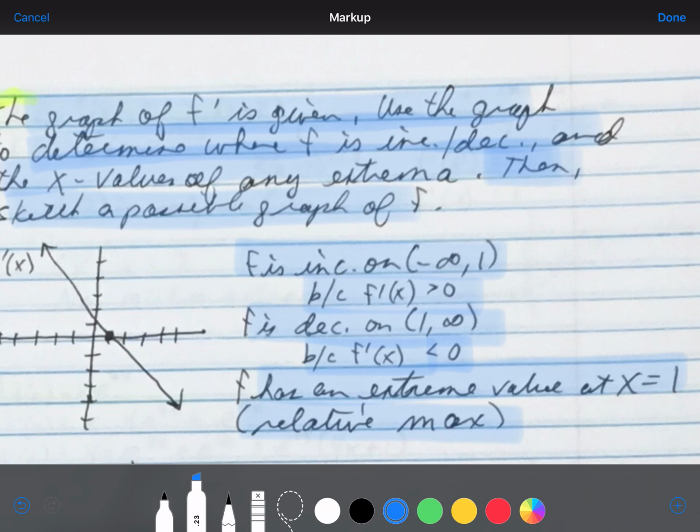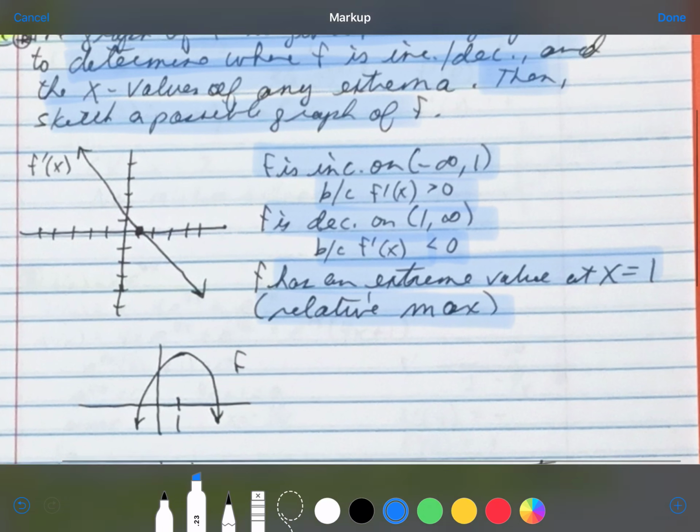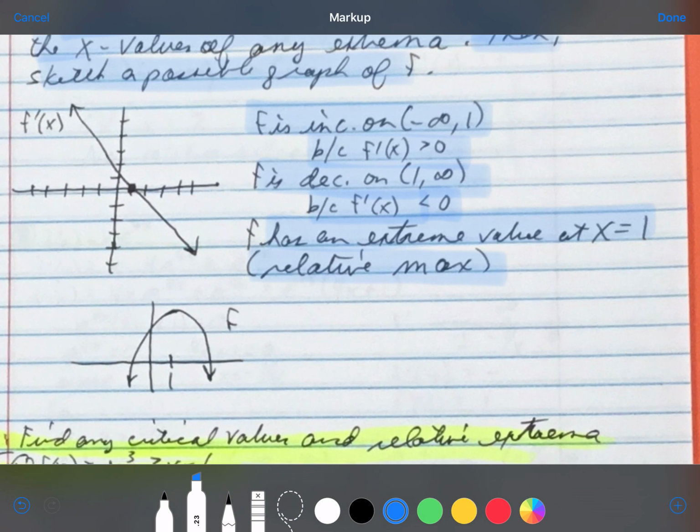So what would I do to sketch the graph of this thing? Well, follow the basic shape. We know that there's a turning point. We know there's a relative max at x equals 1. So what I'm looking at on the left side of 1 is a function whose graph is increasing. But it's also getting less steep, right? Because the values of the derivative are getting smaller. They're positive, but getting closer to 0.